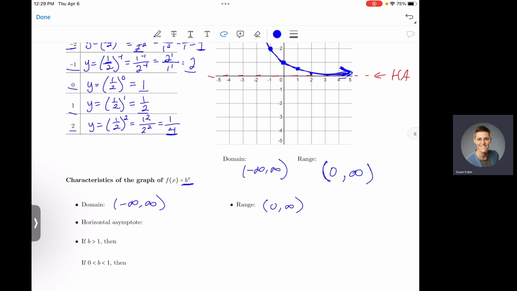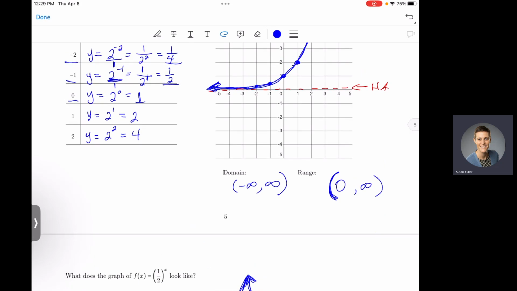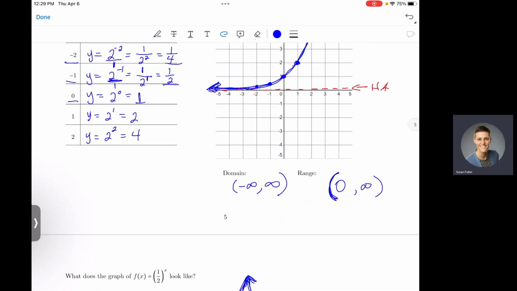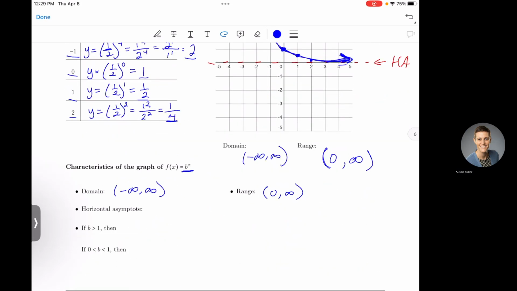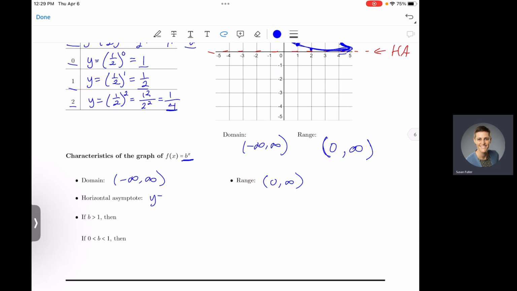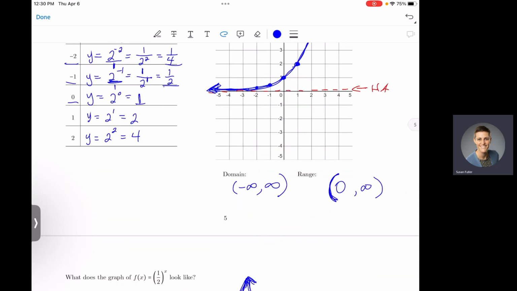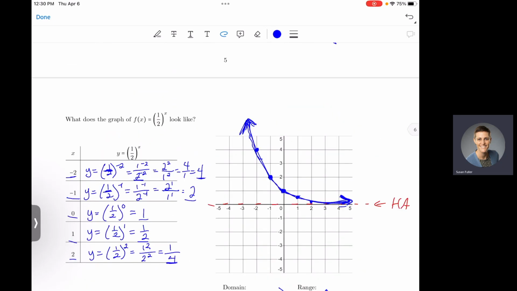These both have a horizontal asymptote, and they actually have the same horizontal asymptote. What's the equation of that horizontal line that's an asymptote for both of these equations? That's right, it is y equals 0. And if b is greater than 1, if our base is bigger than 1, like we were here, notice this thing increases from left to right.